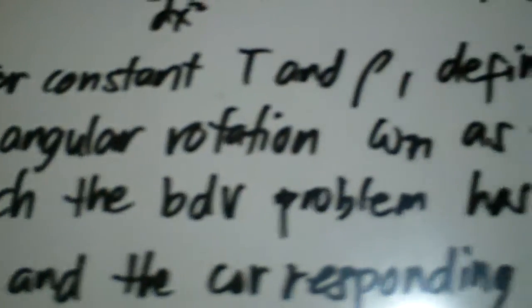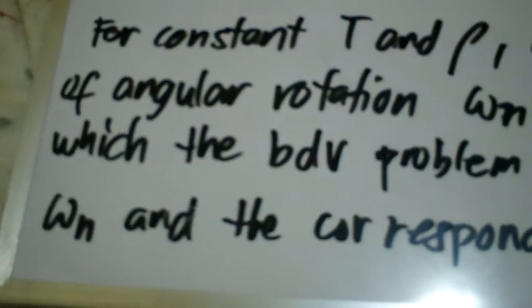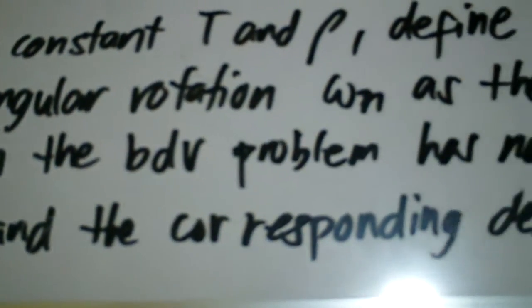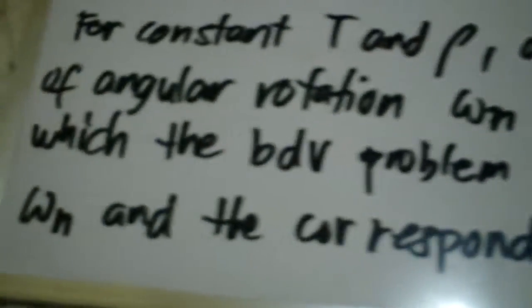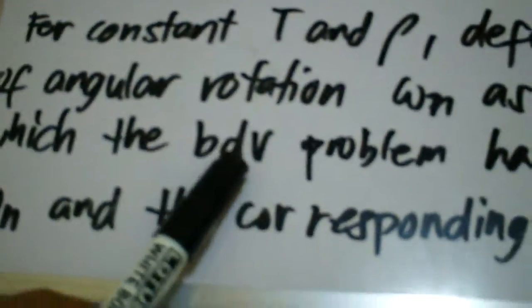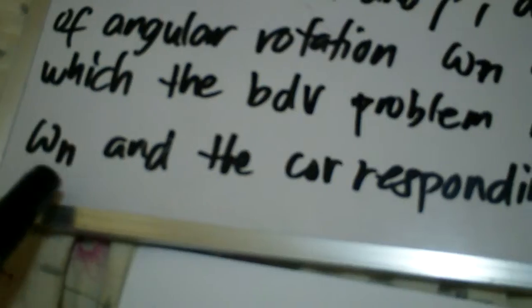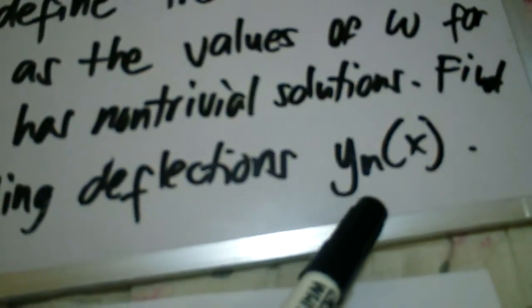For constants T and rho, define the critical speeds of angular rotation omega n as the values of omega for which the boundary value problem has non-trivial solutions. Find the omega n and the corresponding deflections y n of x.